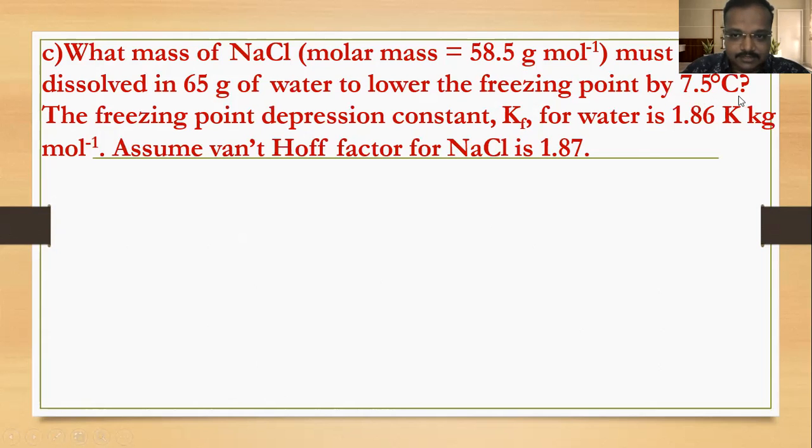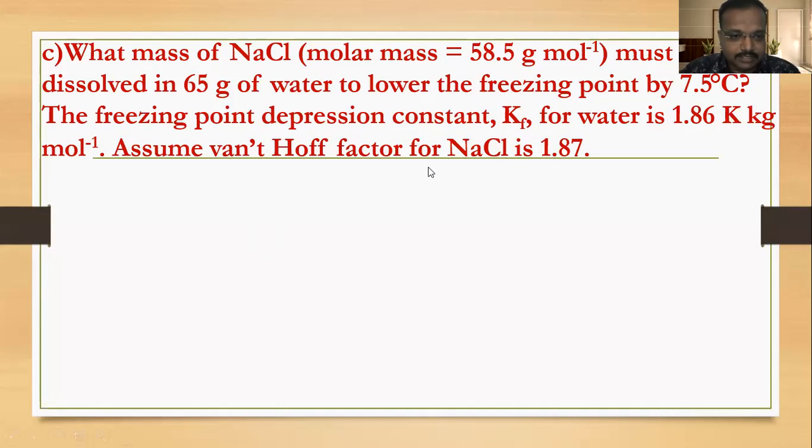The freezing point depression constant Kf for water is given as 1.86 kg mole inverse, and assume that the Van't Hoff factor for NaCl is 1.87. This you must remember, children: as the Van't Hoff factor comes more than 1, almost all the ions are undergoing dissociation.